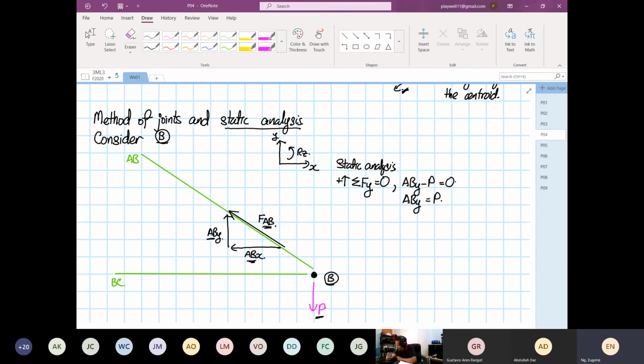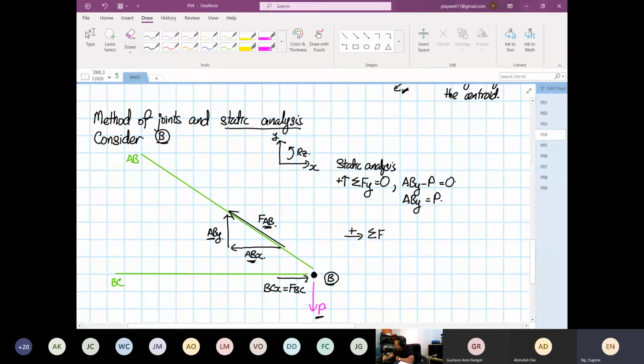So when that's the case, for point B to stop moving in the X direction, you need a reaction over here. Right? So this is your BCX, and BCX happens to also be your FBC. So from here, we do static analysis again. Positive is going towards the right.